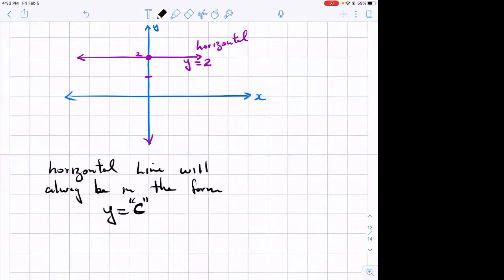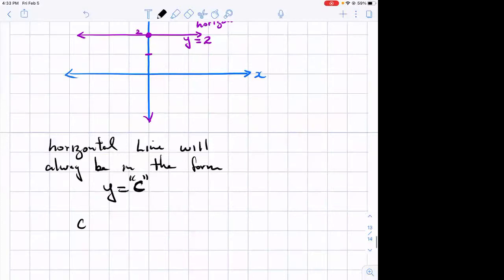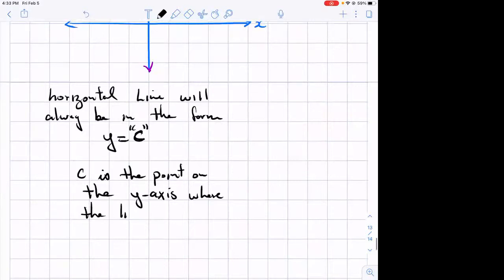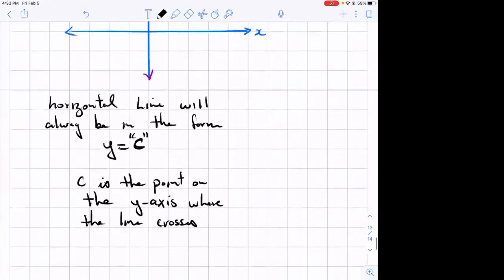C is the point on the y-axis where the line crosses. Okay, so that's for a horizontal line.